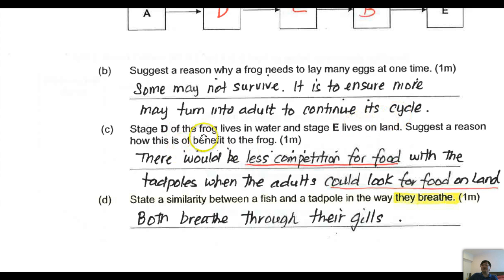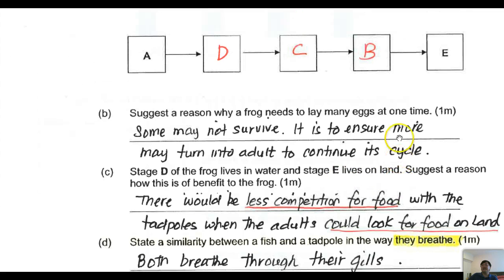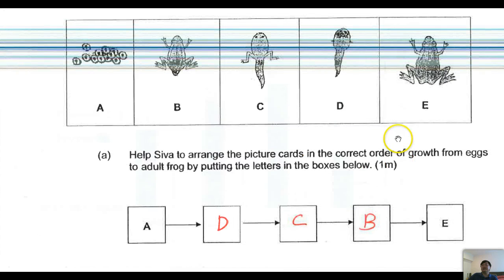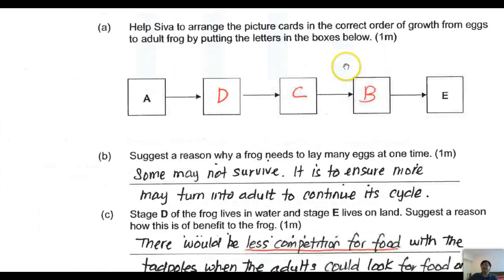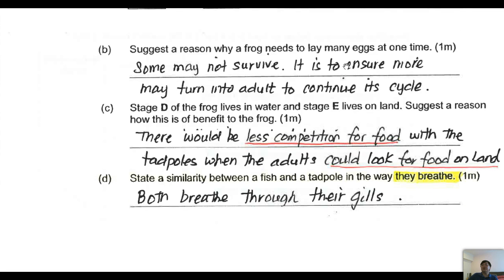Now, stage D of the frog lives in water, and stage E lives on land. Let's take a look. Stage E on land, and this in the water, right? Look at the physical features. This obviously is meant for land, and of course they can be in water, and this is just totally in water. Okay, the question asked is why it is so beneficial.